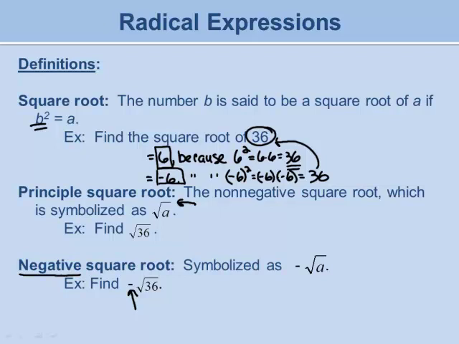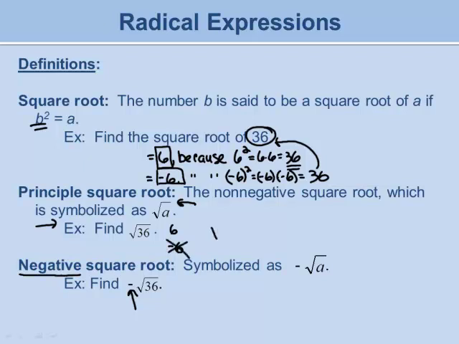So, for example, if you were asked to find the square root of 36 using the square root symbol, that is an understood positive root. From above, we found that both positive 6 and negative 6 would work using the basic definition, but using the symbol, it's the principal square root, the positive number, that we want.